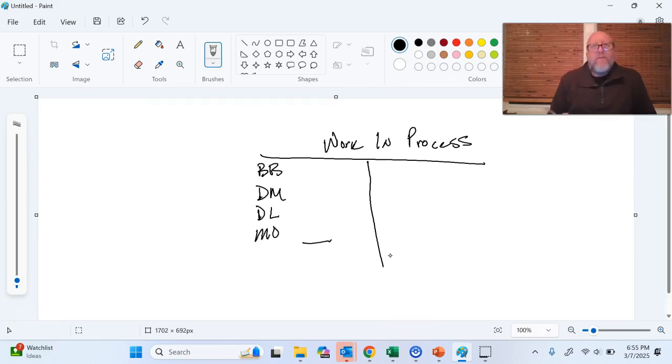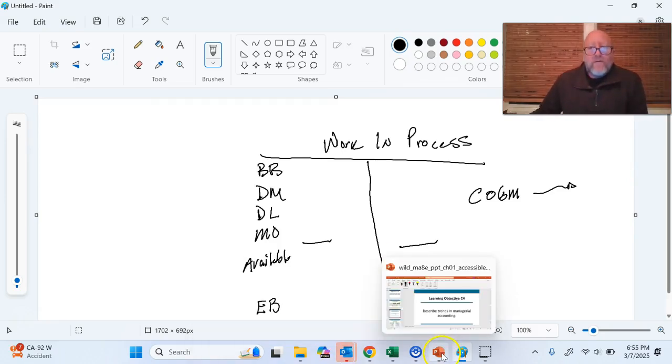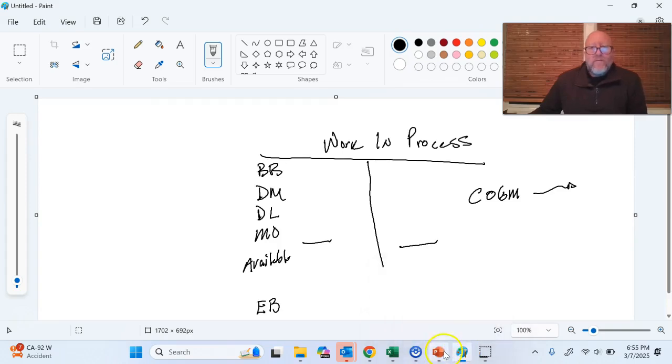That was everything that we had available to us to use, or all the costs that we have to account for. Then we are going to deal with cost of goods manufactured. That's what we are sending out to finished goods. The difference between these two would be ending balance.